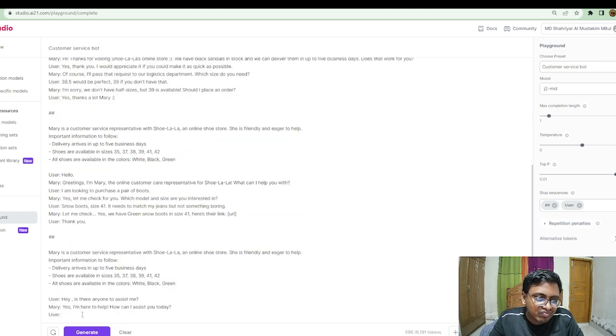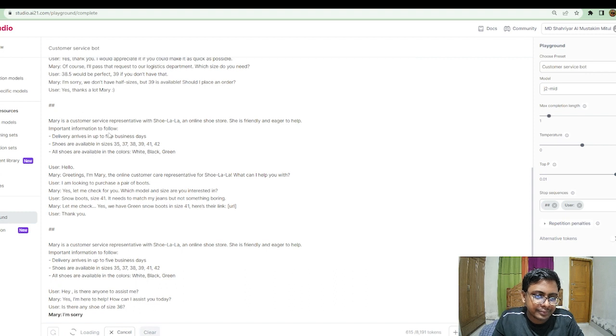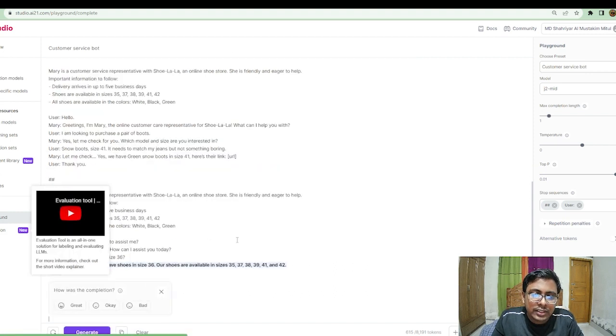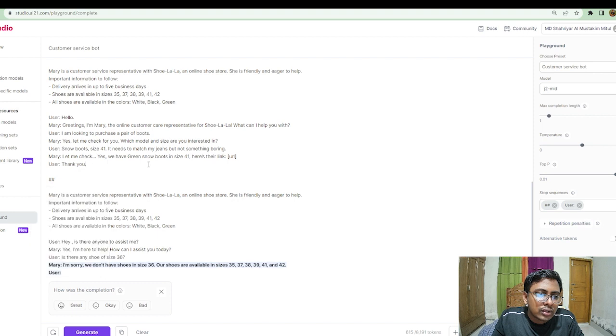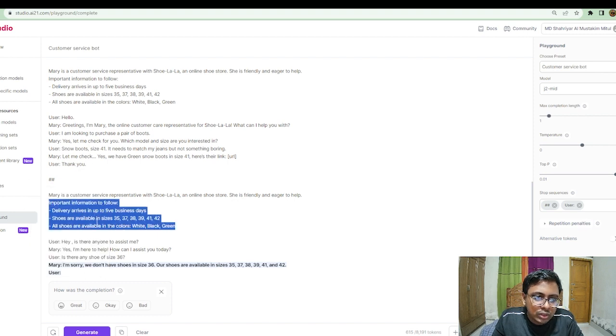So, is there any shoe of size 36? So here you can see, depending on all of our data, shoes are available in sizes 35, 37, 38, etc.